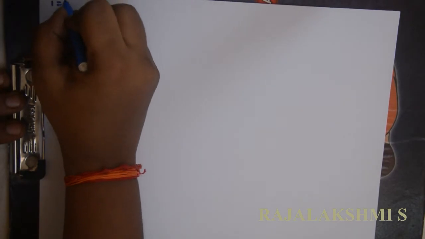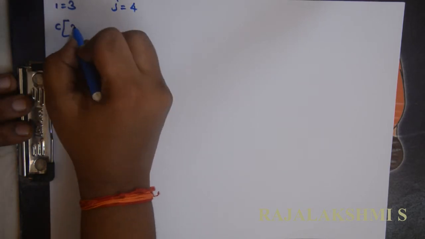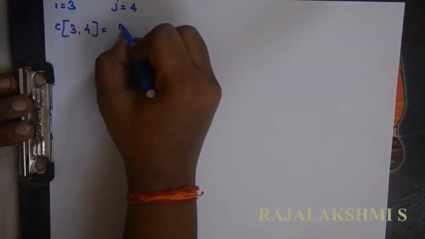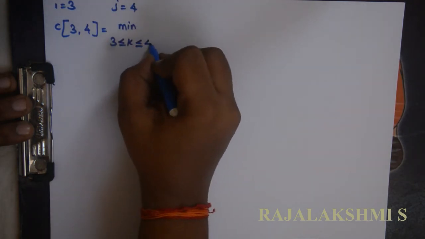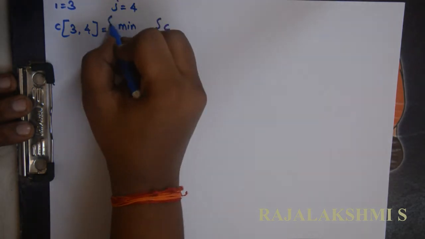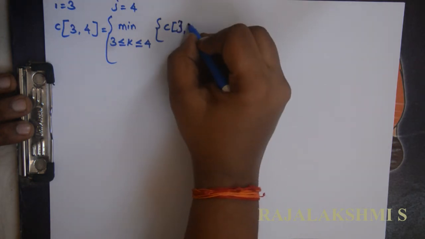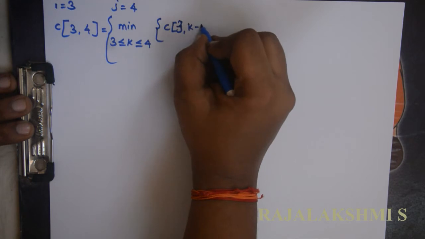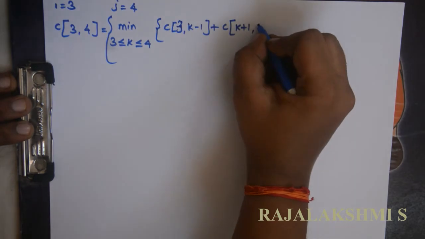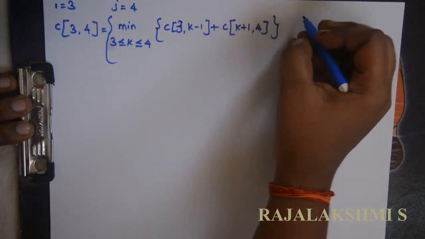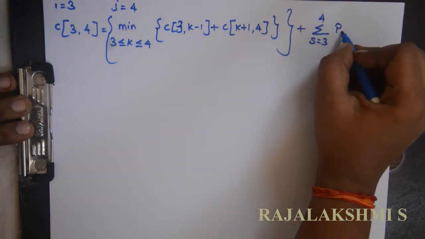So i is equal to 3 and j is equal to 4. Okay, so C of 3 comma 4 is equal to the minimum over 3 less than or equal to k less than or equal to 4 of C of i comma k minus 1, where i is 3, so 3 comma k minus 1, plus C of k plus 1 comma j, where j is 4, plus the summation s equal to 3 to 4 of PS.